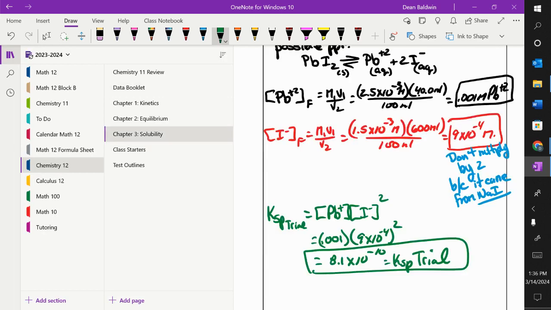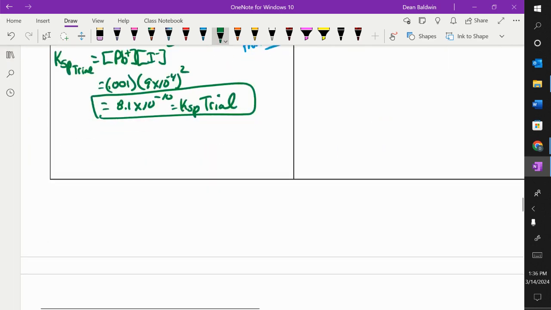So the actual KSP is 8.5 times 10 to the minus 9.